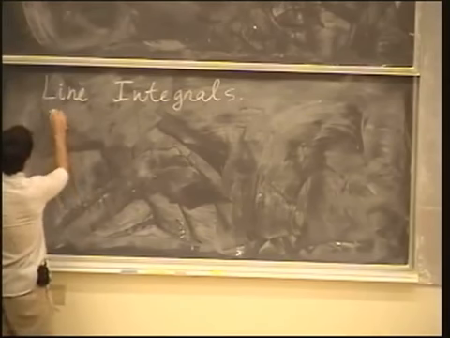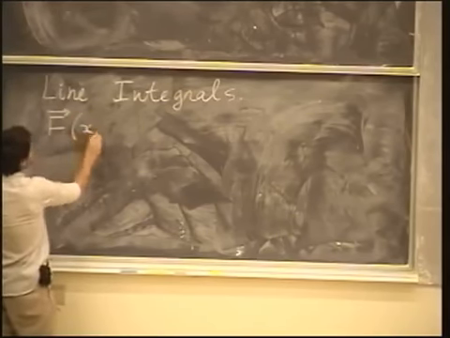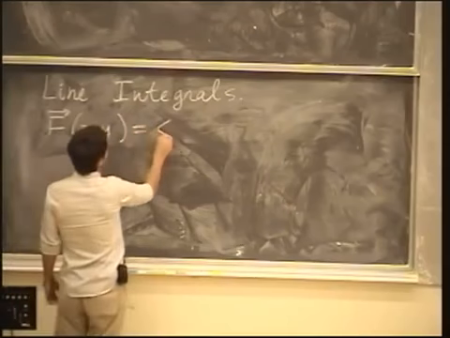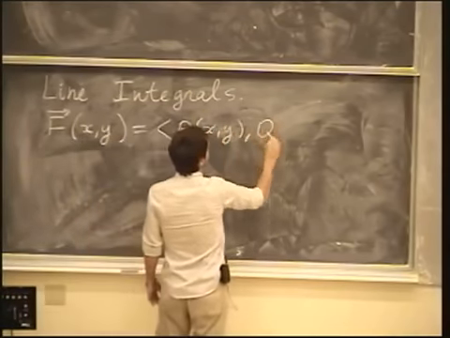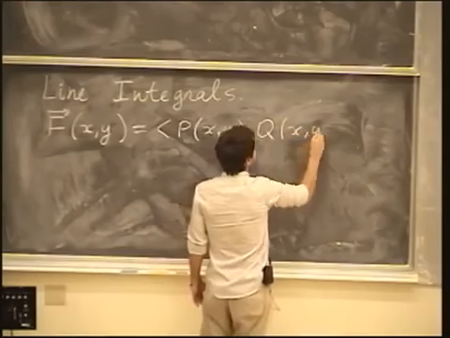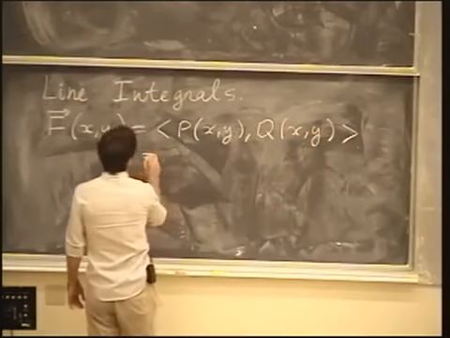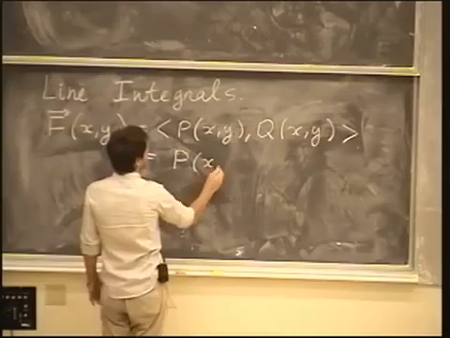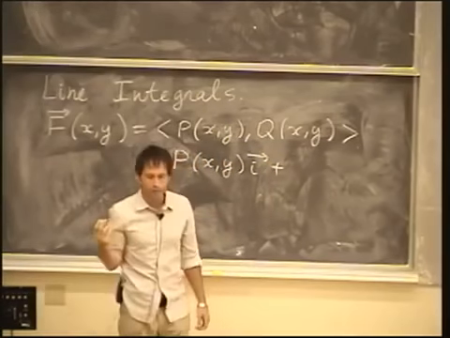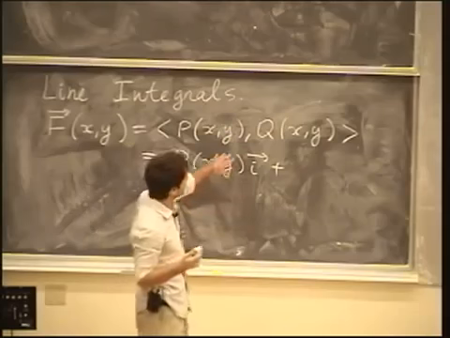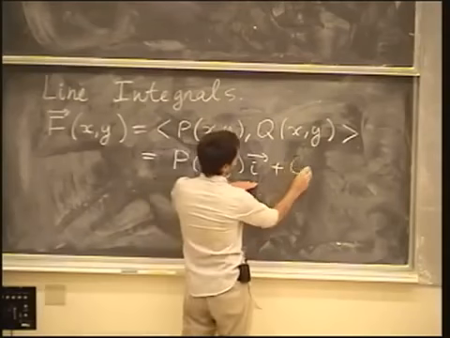Suppose that you have a vector field on the plane. As always, a vector field can be written in two different ways. You can write it like this, or you can write it like this.